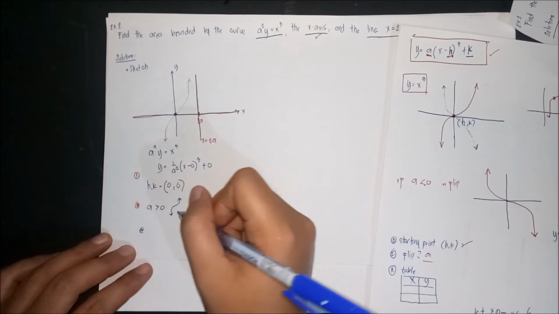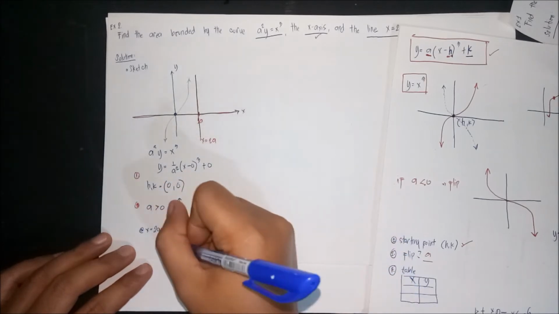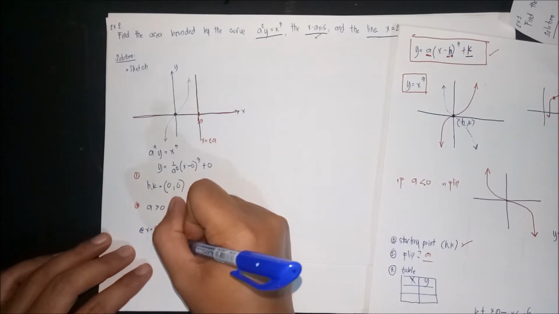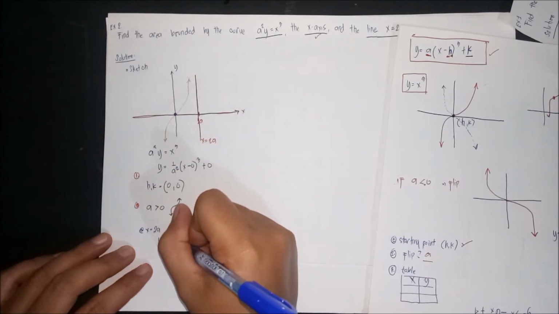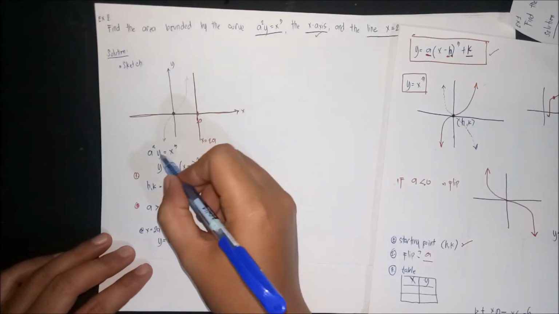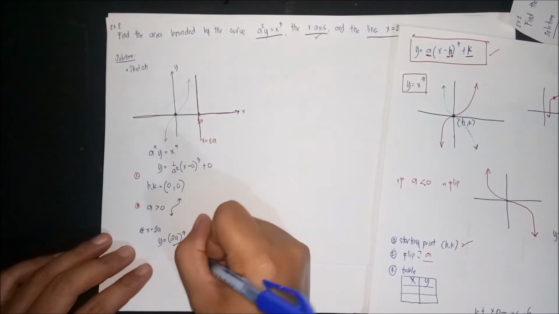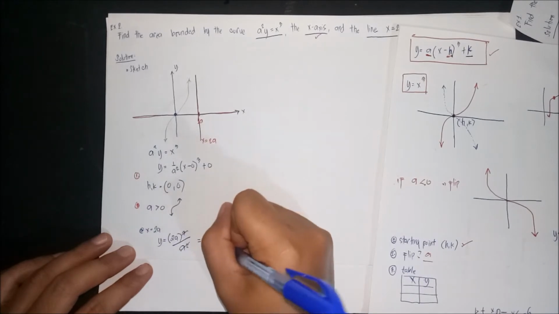Next, evaluate it at x is equal to 2a. So, at x is equal to 2a, your y is equal to 2a cubed divided by a squared, and that is equal to, cancel, class, this becomes 2a.